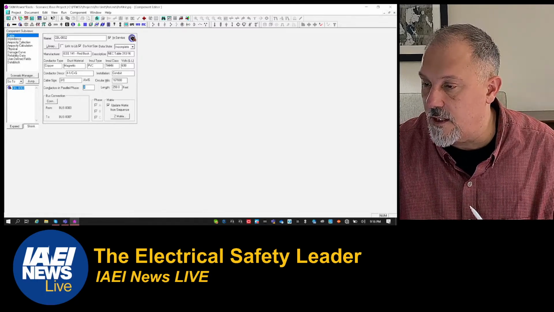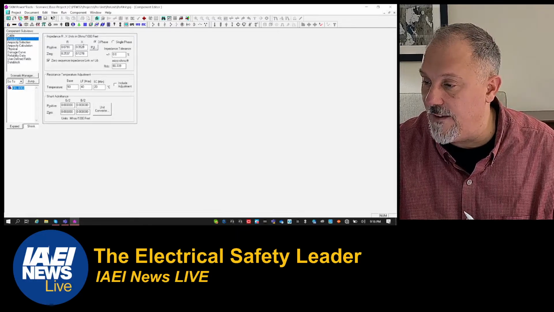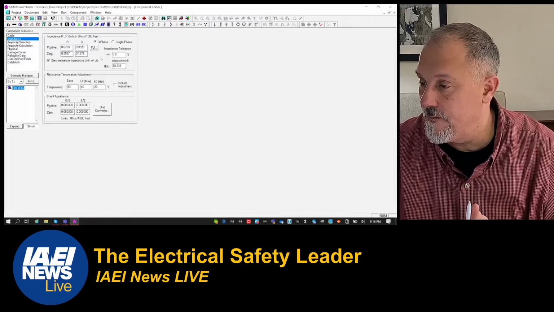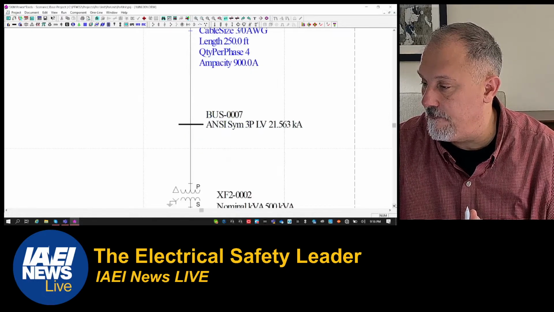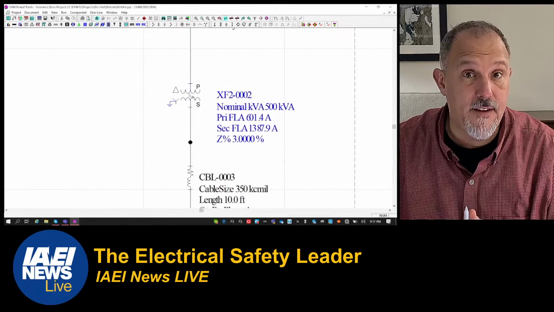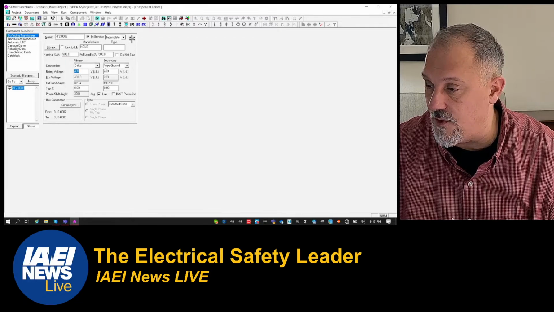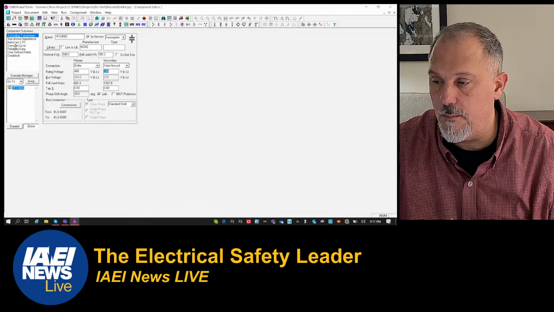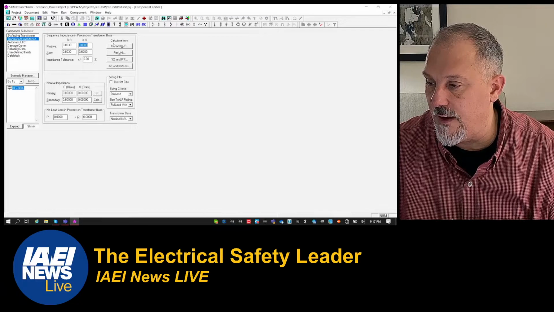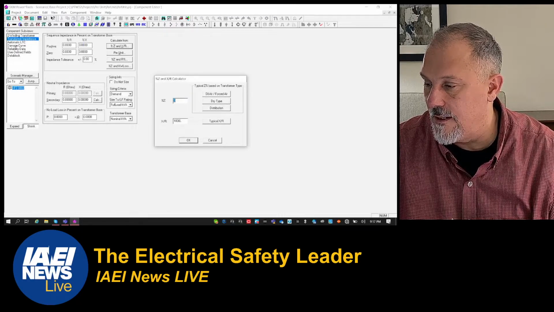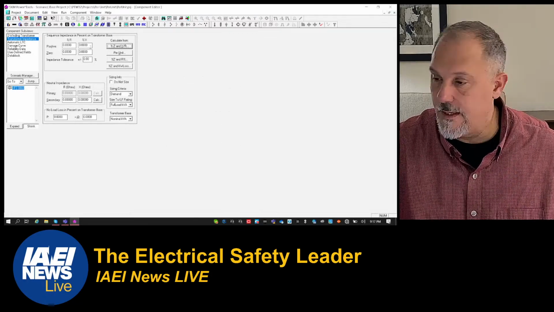Let's go to impedance, 0.079, 0.052, right on there. All right. And then I'm going to scroll down. There's my 500 kVA transformer. I've got 480 to 208. And the real important piece here is transformer impedance. I've got 3%, and I put a very high X to R ratio. So that's my 3%.